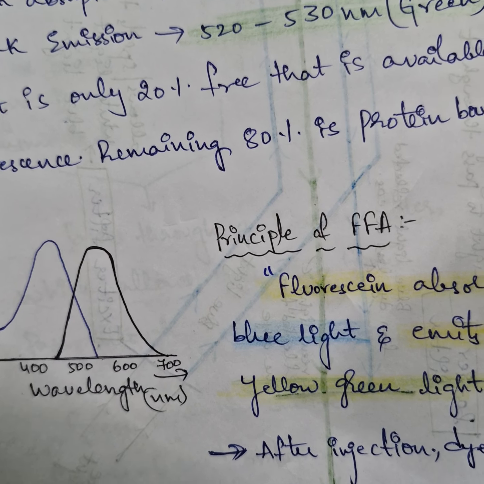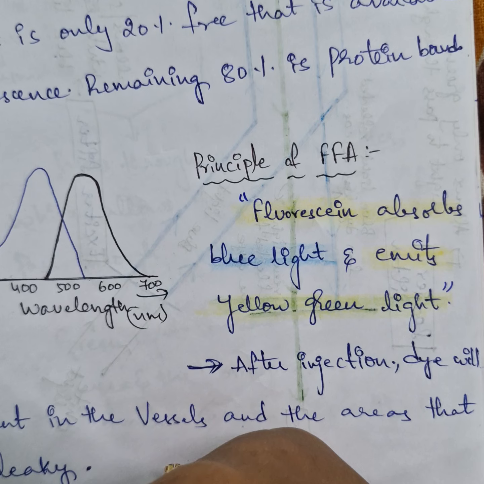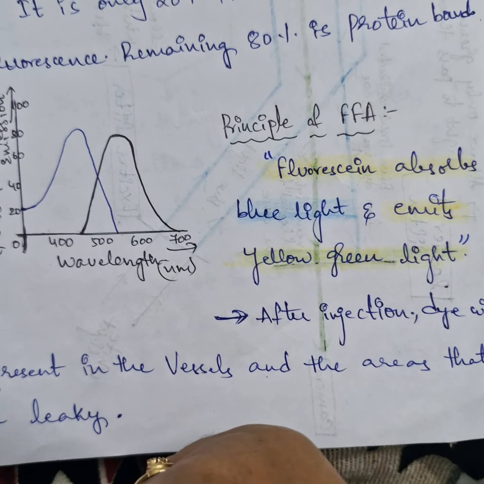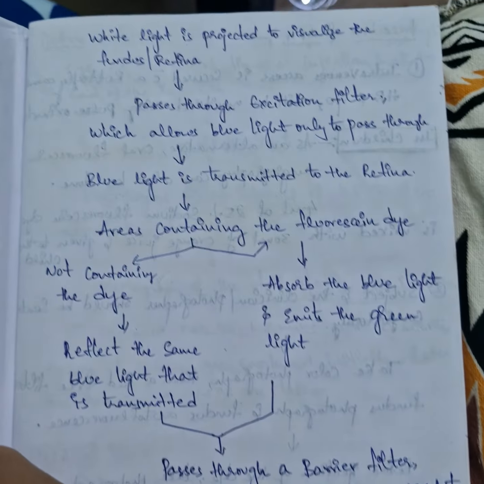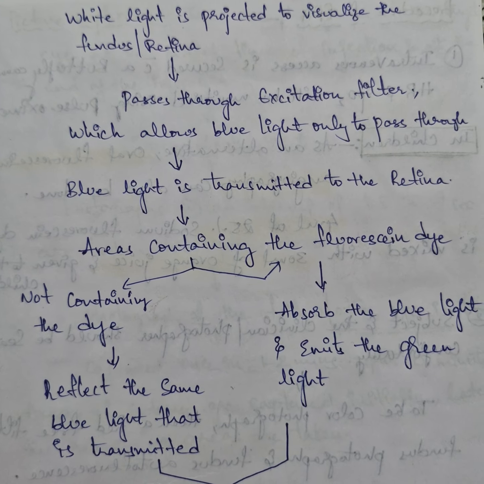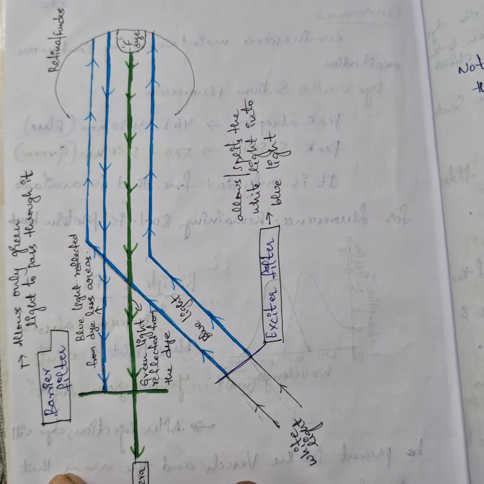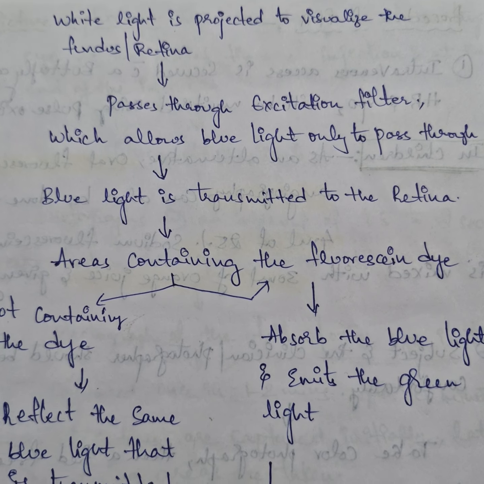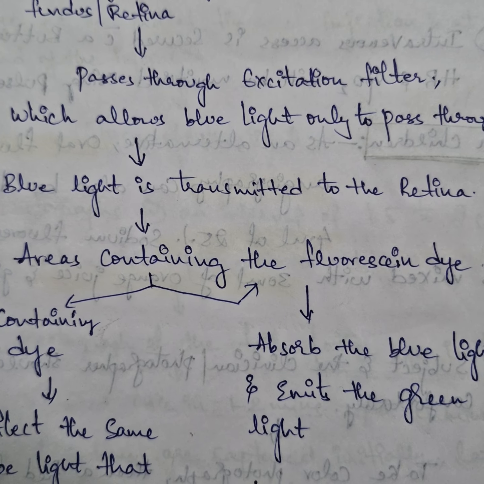Under what principle does FFA work? The dye, sodium fluorescein, will absorb blue light and emit yellow green light. After injection, this dye will be present in the vessels and in the areas that are leaky. We'll first see how it works, and then go to a pictorial representation of the principle. When white light is projected to see the fundus or retina, it passes through a filter called the excitation filter, which allows only blue light to pass through.